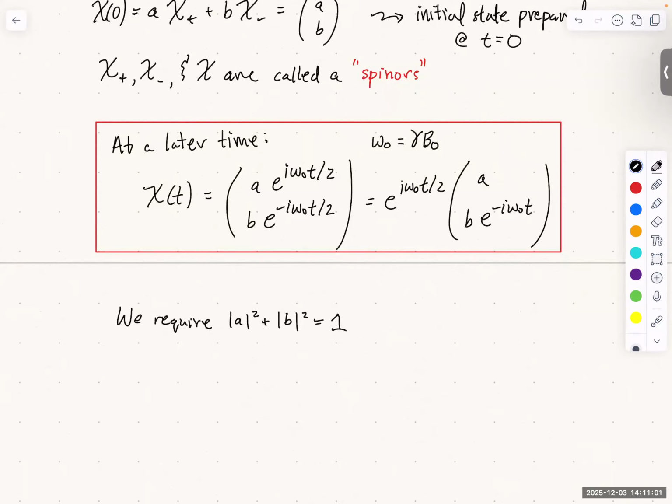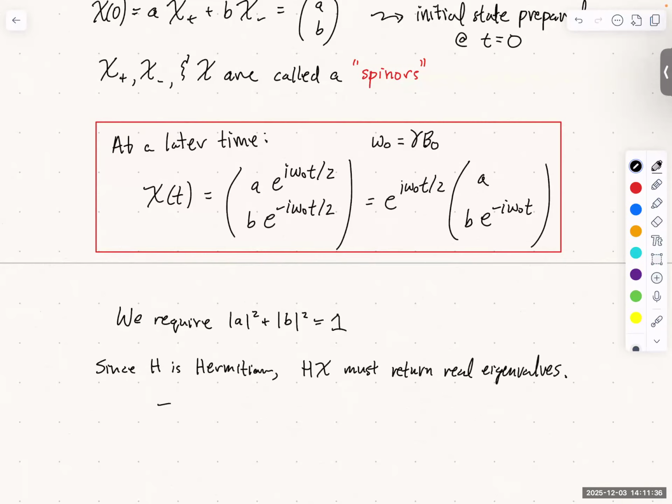But we've already decided that A and B have to be real if they're going to be part of the eigenstate of the Hamiltonian. So we could say, since H is Hermitian, H chi must return real eigenvalues.